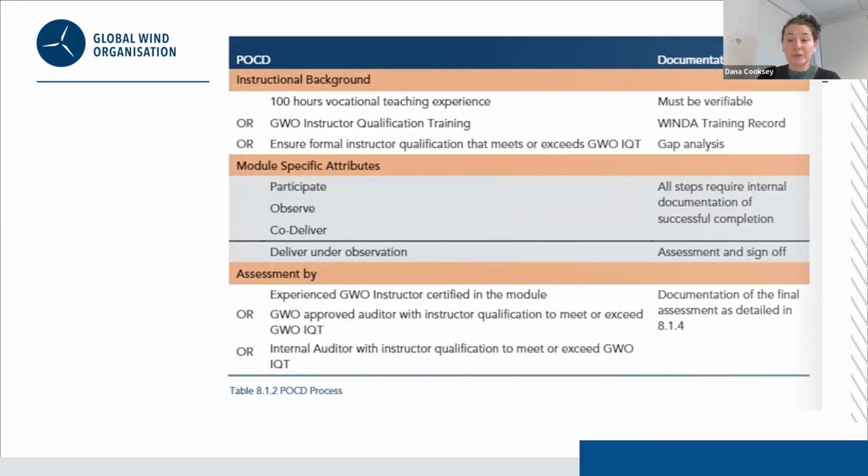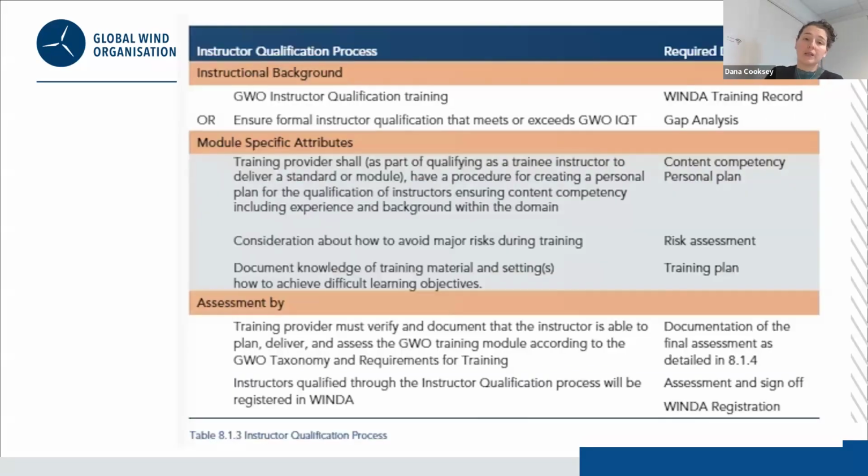Now, I think this is a good question to look at, because if you look at POCD, if you have someone who is currently an instructor but wants to add a new module, they actually do the full POCD process. Whereas, Thomas, if you go to the next one, if you do the instructor qualification process, you don't go through IQT every time.